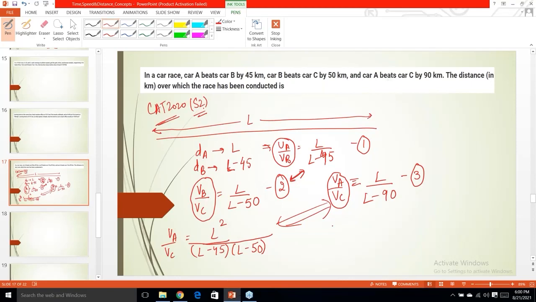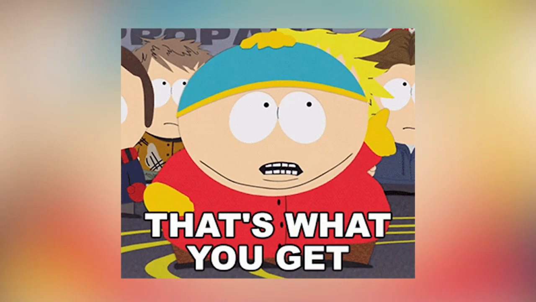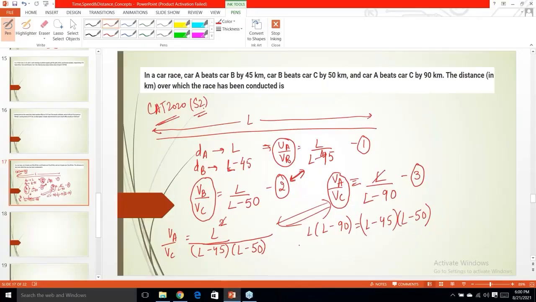So let's do that. If you equate these two, L square gets cancelled, right? What do you get? You get L into L minus 90 is L minus 45 into L minus 50, right? This is what you get. Let's multiply.